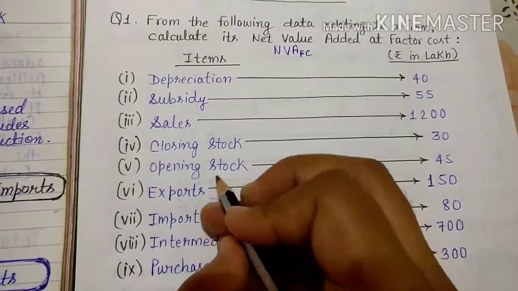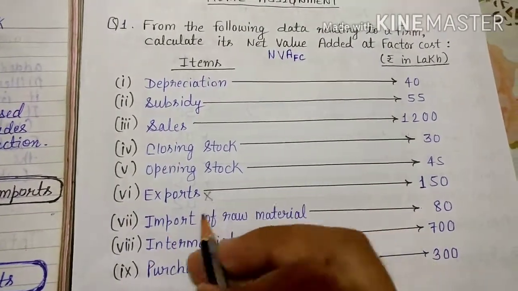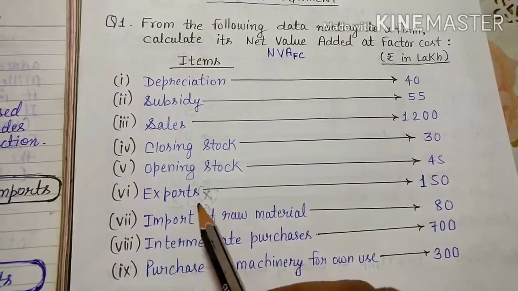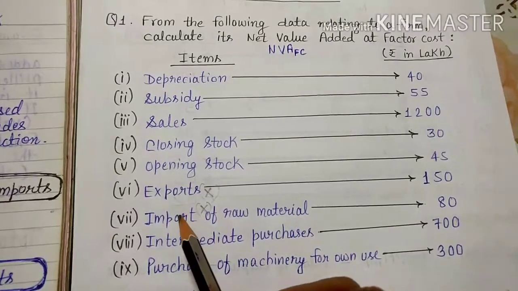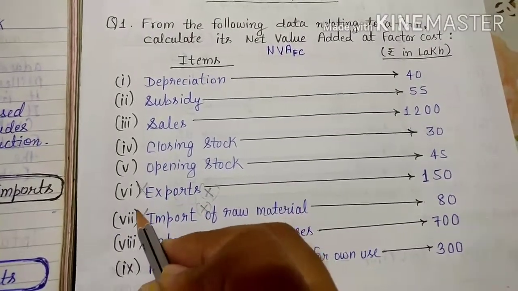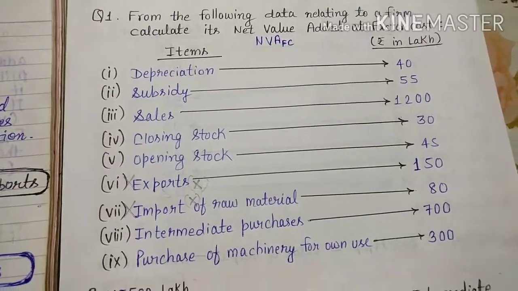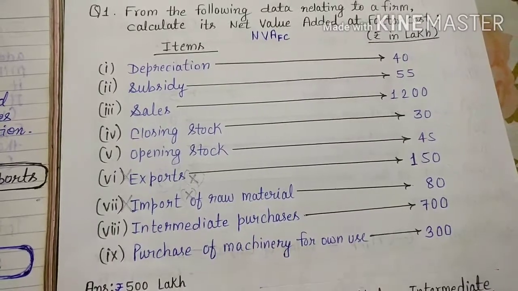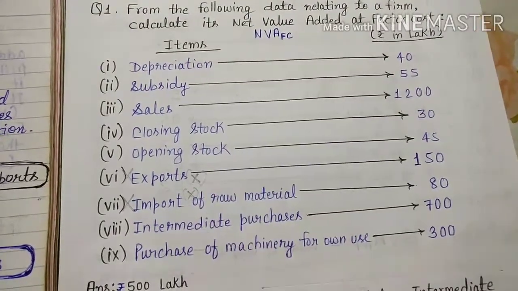So there is no use of export here, and there is no use of import also. Understood? So they are giving these items in the question in order to confuse you. So you have to see first whether domestic consumption or domestic sale is given or not. If domestic sales and domestic consumption are not given, then these two items are of no use.